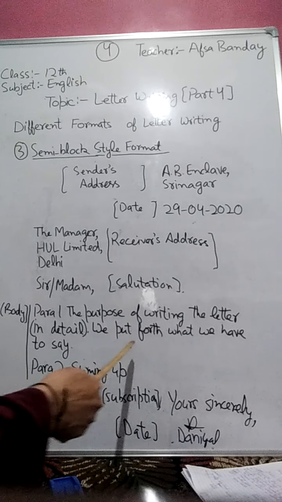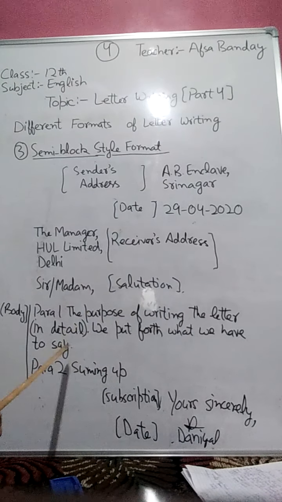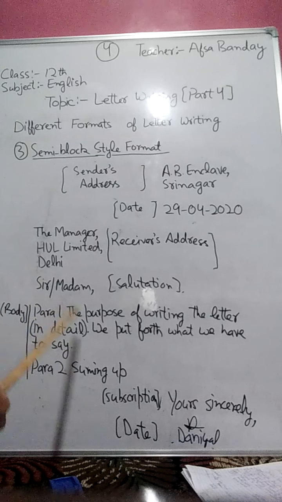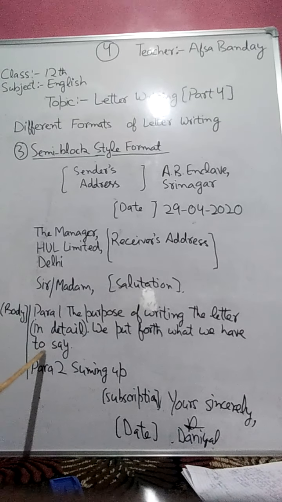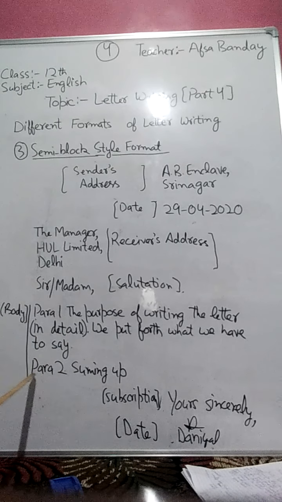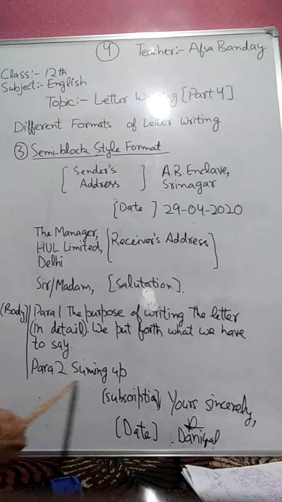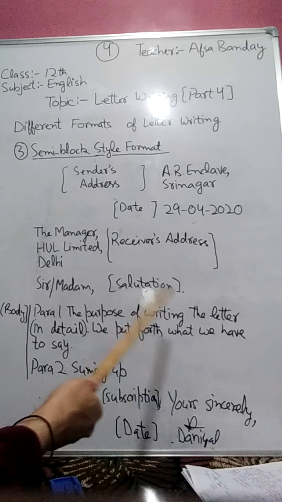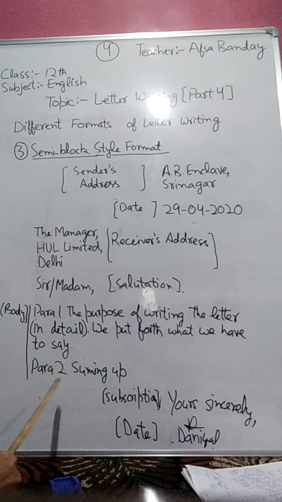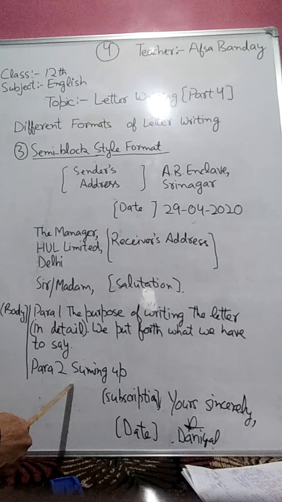Then, if we have to include a next paragraph, it is included by keeping a gap of 1 line. We start our next paragraph, and again, if we want to say something more, we can do it, but if we have to sum up our letter, we can simply sum it up.